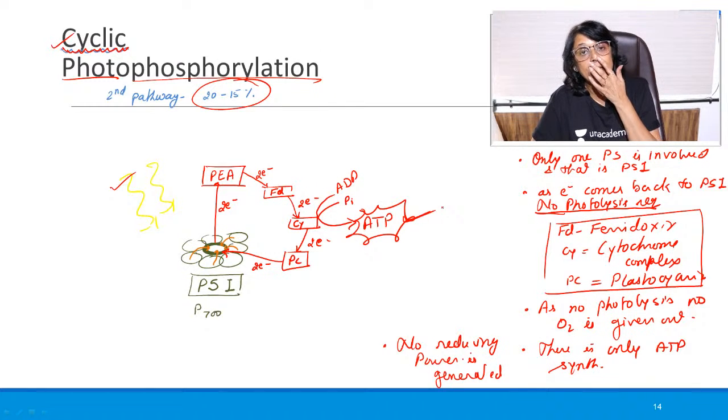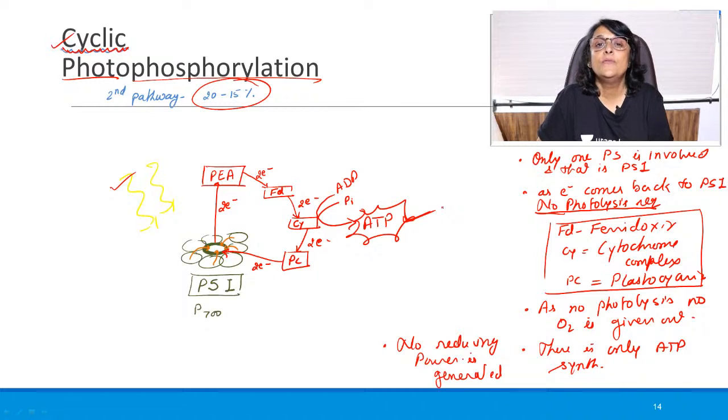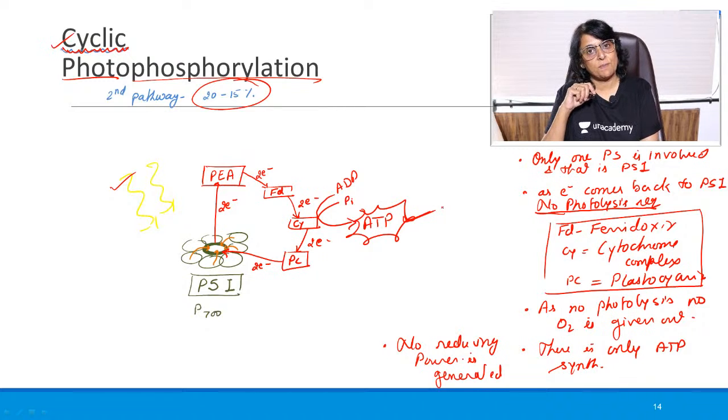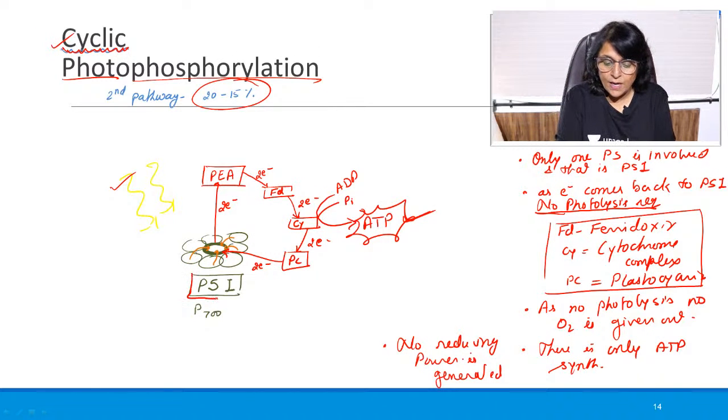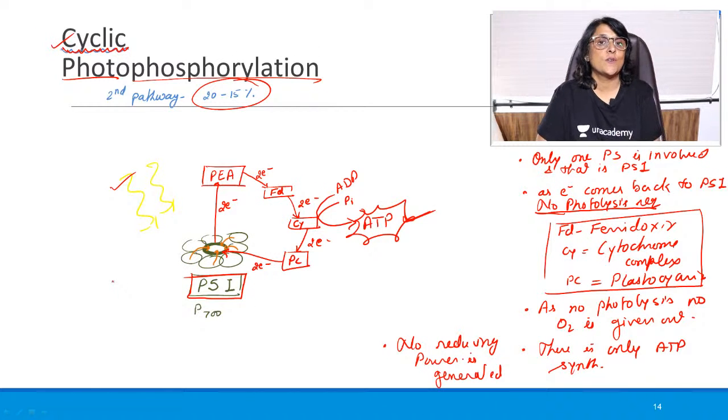That means the requirement for the dark reaction is not fulfilled. And that is why non-cyclic photophosphorylation is the major pathway, because it gives us ATP as well as reducing power, but cyclic also takes place, and there is only PS1 which is required.